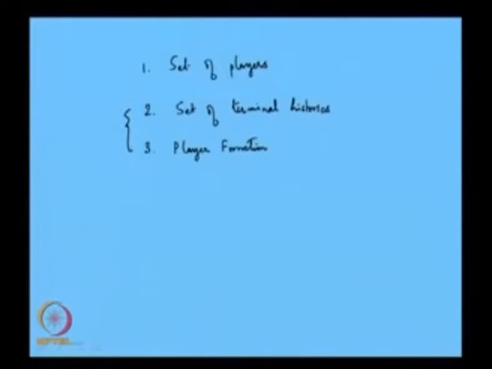If you remember, in strategic games, one of the 3 important components defining the game was the set of actions. Here we are not talking about the set of actions, but what I claim is that from 2 and 3 we can figure out the set of actions of a particular player at a particular stage, and it is done as the following.